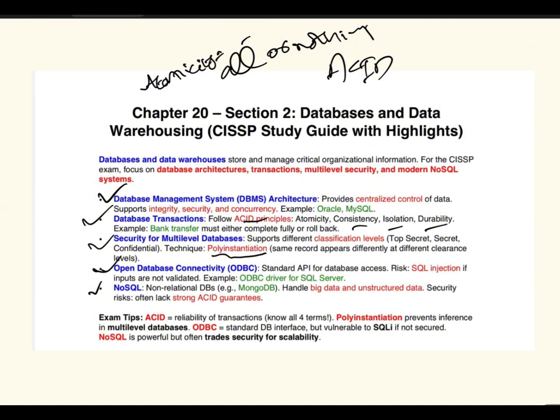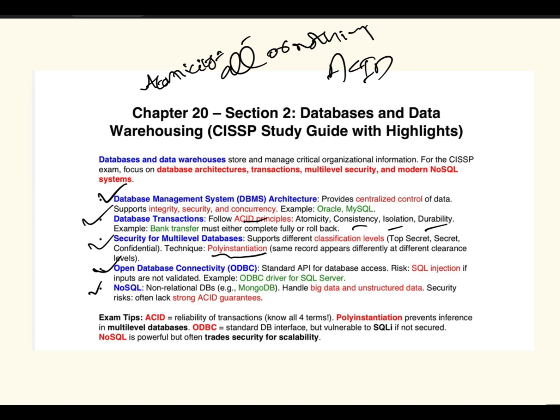Multi-level database security supports multiple clearance levels, top secret versus confidential views. ODBC: standard DB connections using an API. NoSQL: non-relational, handles big data, scalable but weaker security.